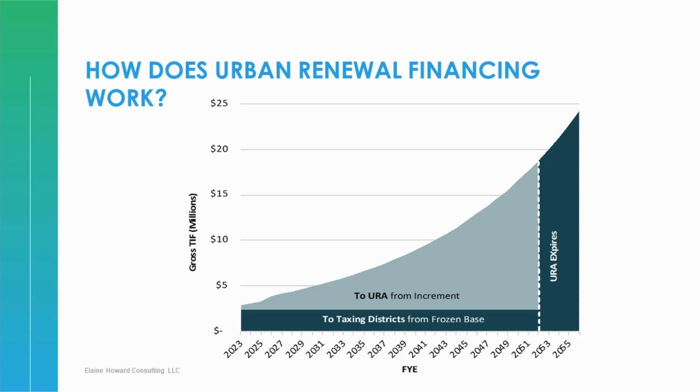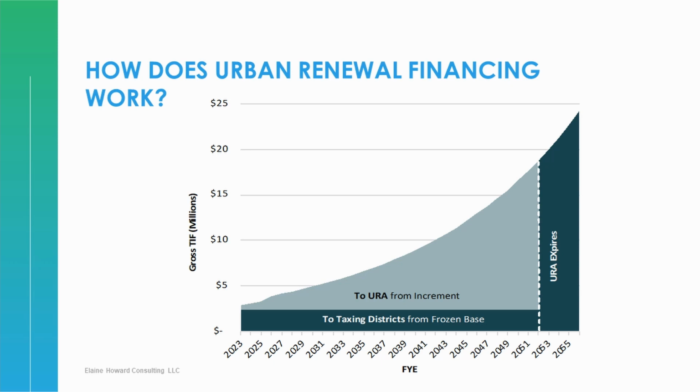This graph illustrates a few key concepts. First, urban renewal funding starts at a trickle. Often in an area, projects are not able to be funded until 5 or 10 years into the area's lifespan. However, once yearly property tax revenues reach an appropriate amount, the urban renewal area can use its income to incur debt.